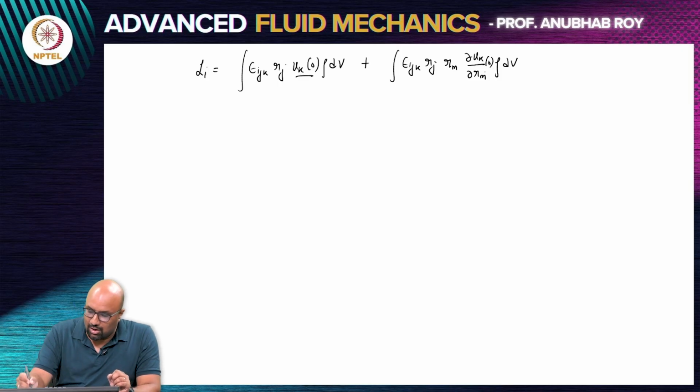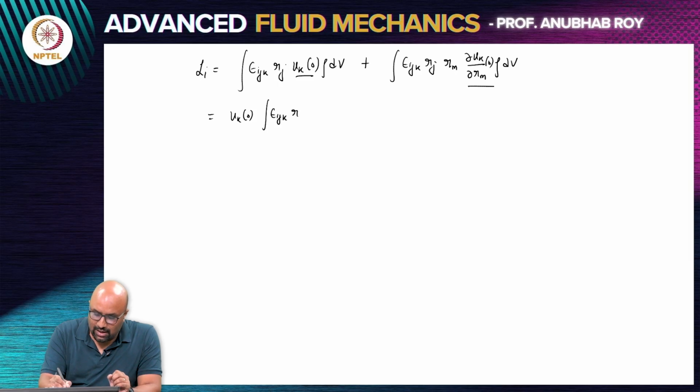Now these are all constants, they are evaluated at the center of the sphere. So I will take it out. So I have uk0 epsilon ijk rj, well let me just do this here itself.